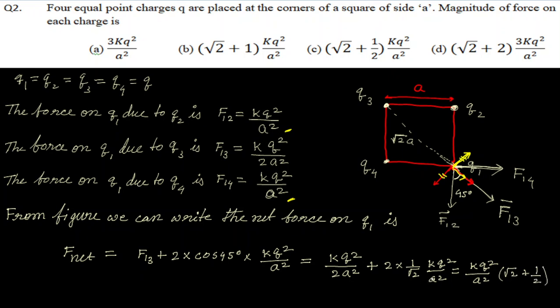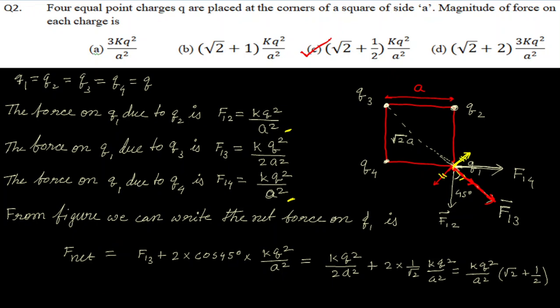So this will be the net force, and the direction of the net force will be along the diagonal, in this direction. The magnitude of this force will be K Q square divided by A square into root 2 plus 1 by 2. Okay. So what will be the correct option? The correct option in this case will be option C.